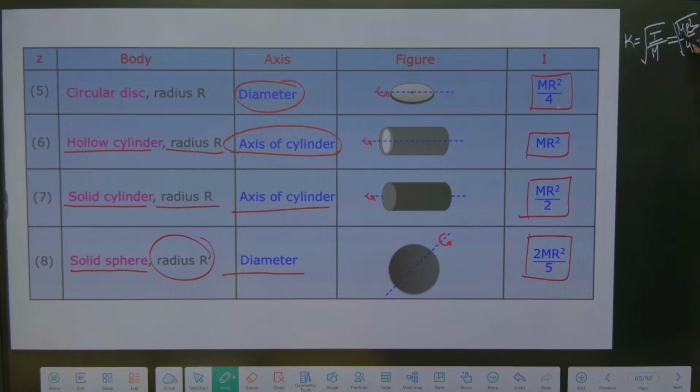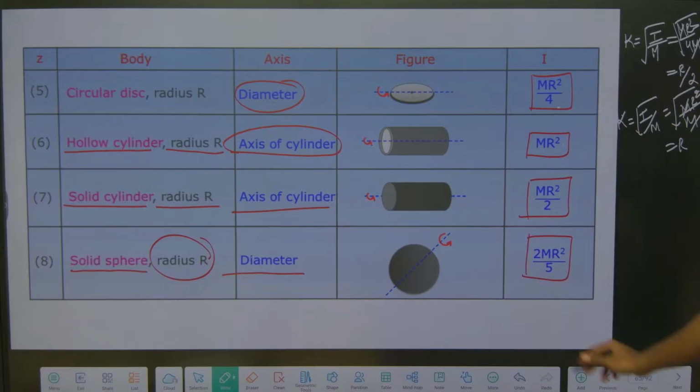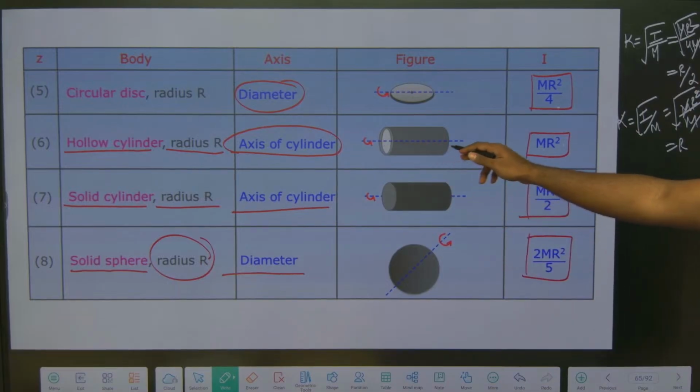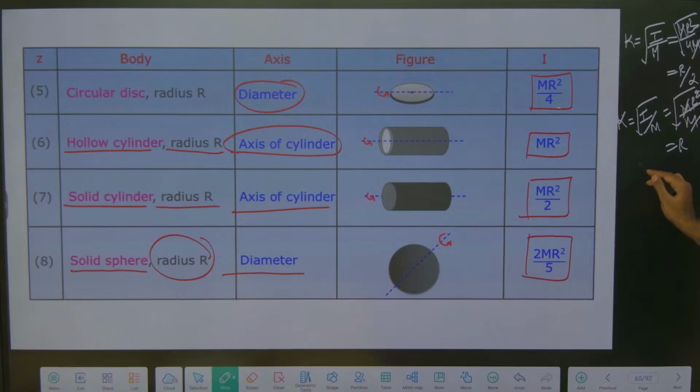So m and m will get cancelled off, which will be r by 2. What about this case? K is equal to root over I by m, which is nothing but root over mr square by m. M and m will get cancelled. It is r, the radius of gyration for the hollow cylinder about the axis of the cylinder.